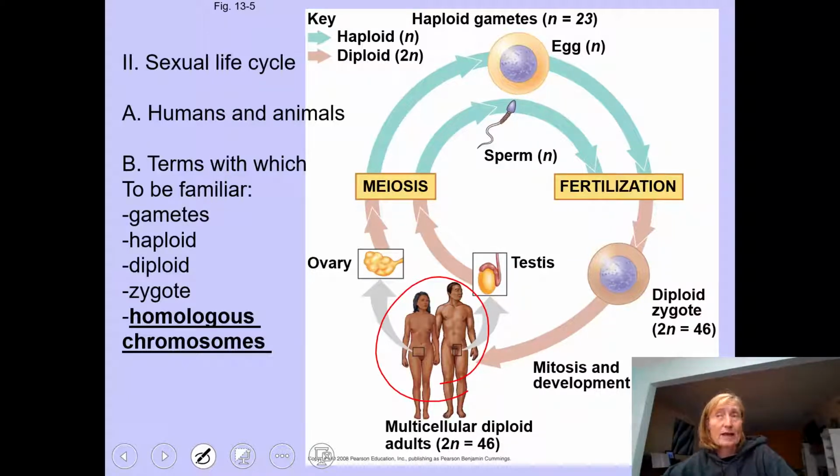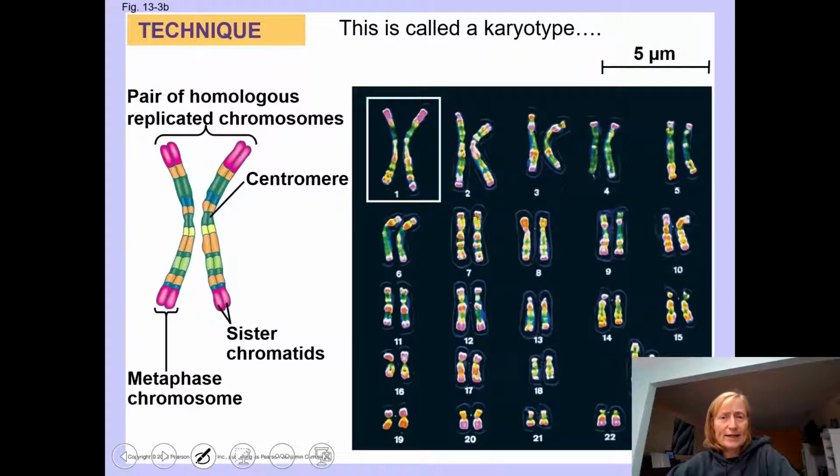It turns out that humans have 23 pairs of chromosomes. I will come back to this slide. But what I'm looking at here is called a karyotype. It's a picture of someone's chromosomes in one of their cells. And in this picture, each chromosome has already been replicated.